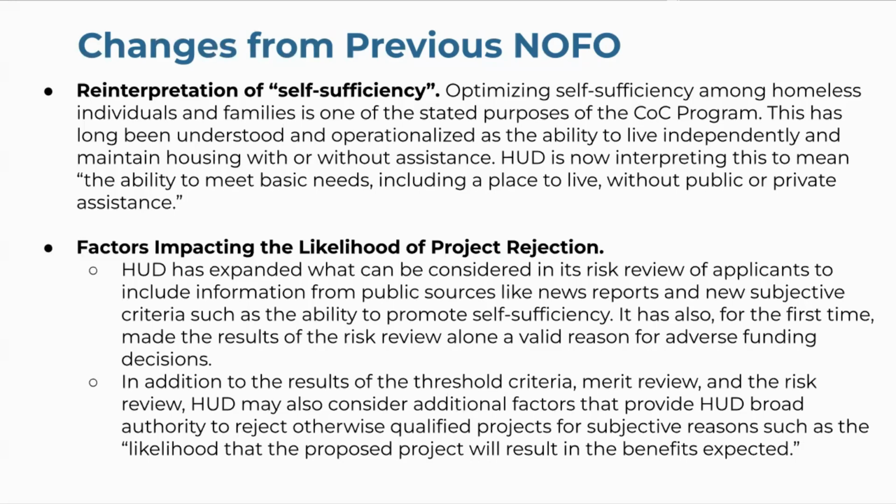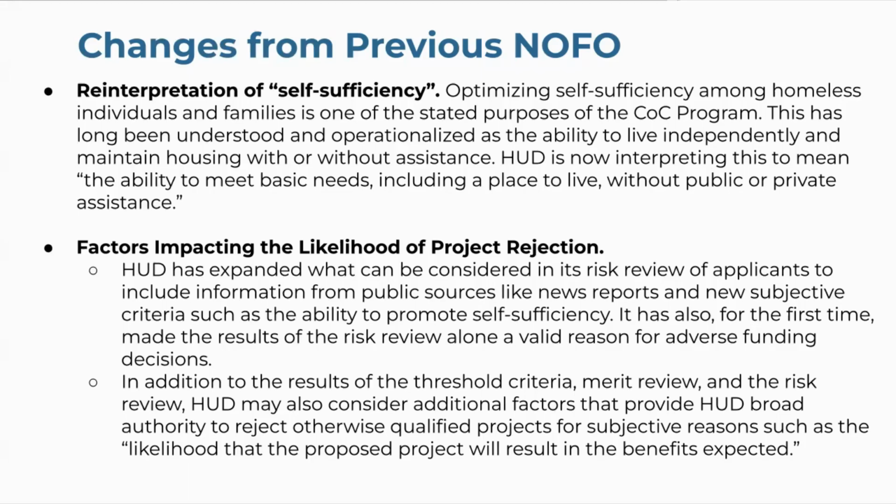And in addition to that, HUD reserves the right to deny a project. They have expanded what can be considered in their risk review of applications to include information from public sources like news reports and new subjective criteria, such as the ability to promote self-sufficiency.